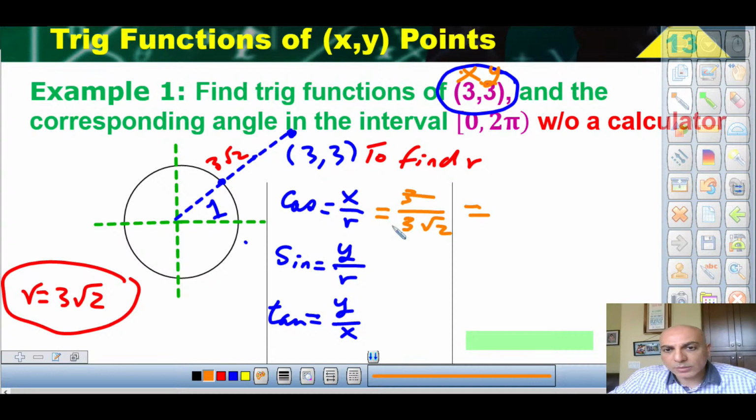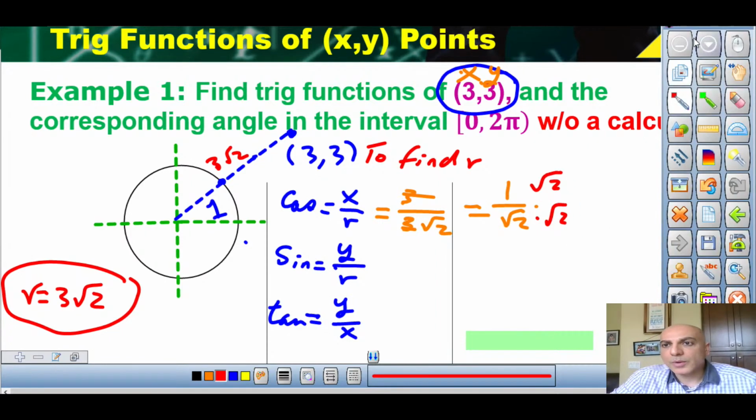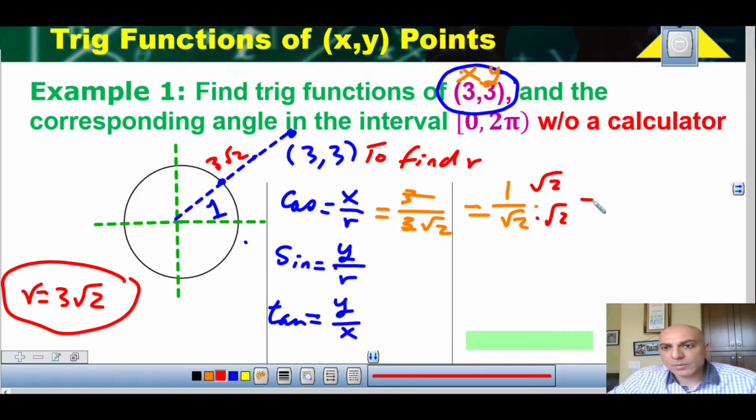You cancel out the 3's, and that's going to give you 1 over square root of 2. You rationalize that by multiplying top and bottom, which will eventually give you what you're looking for, and that is square root of 2 over 2. So cosine equals this amount.